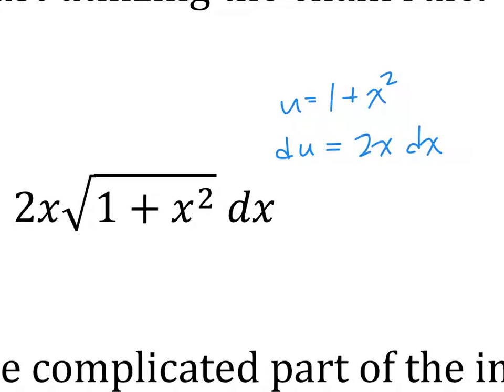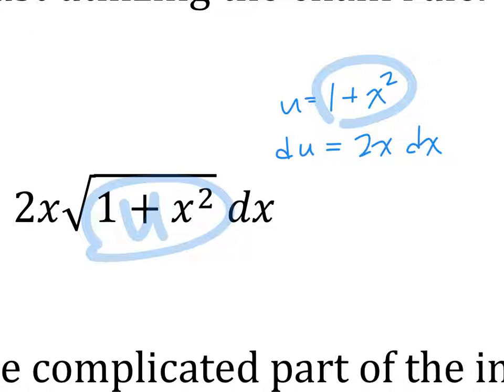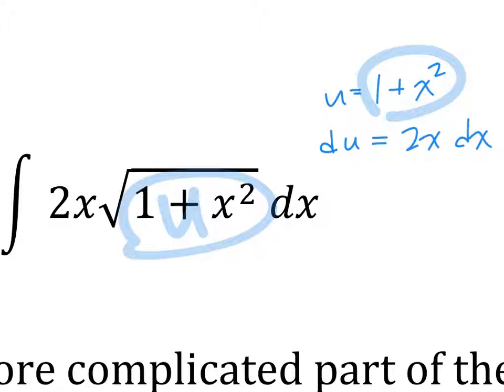Okay, third, we want to substitute so that there is only u in the integral. Okay, so this part is a little bit tricky. So you can see that this 1 plus x squared is just this one because that's how we made it. So this part is going to be u. Then what you do is you look at this part, the du part. Du is 2x dx. 2x dx also shows up.